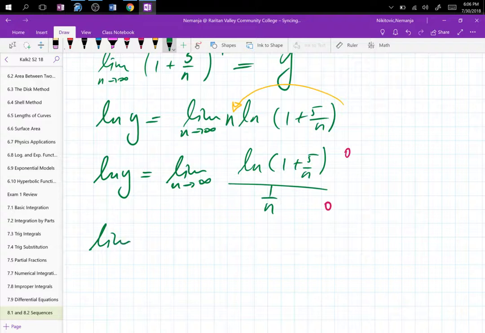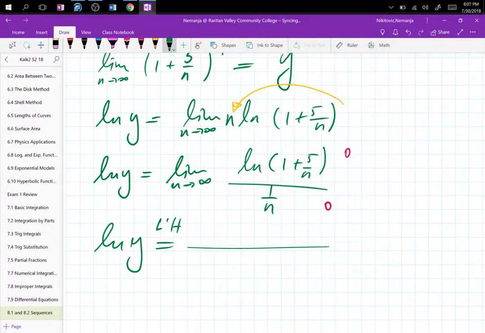L'Hopital's rule, so we have now the limit, ln y is equal to, and now we put this L apostrophe h, which says that we actually did the chain rule. 1 over infinity is 0. Derivatives: negative 1 over n squared, that's the denominator.